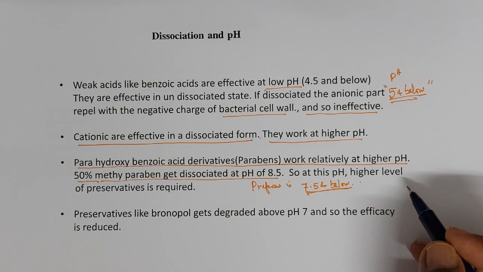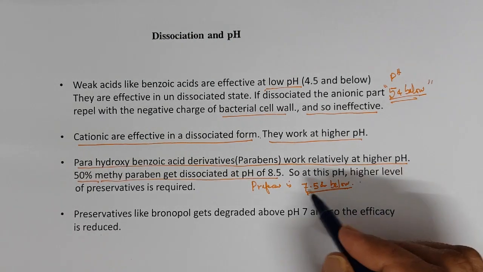So weak acids work at low pH, cationics at high pH, and parabens, the parahydroxybenzoic acid derivatives, work till pH 7.5, can go till 8, but below. After that they will also start dissociating and lose efficacy, right?